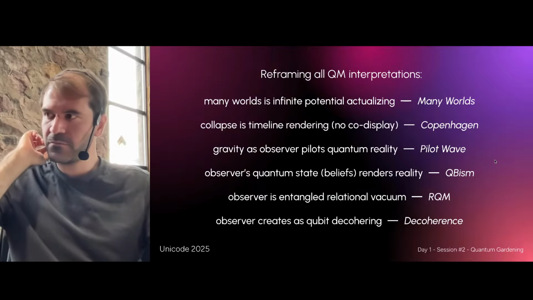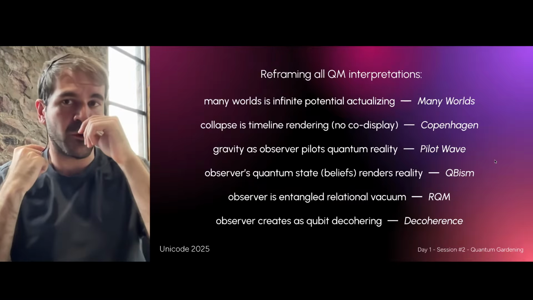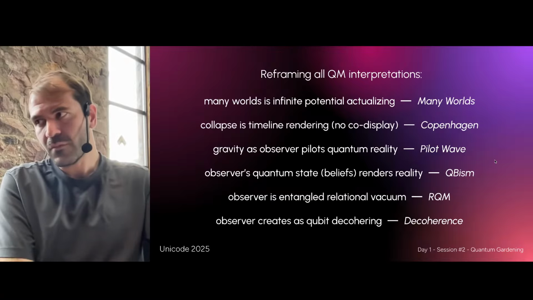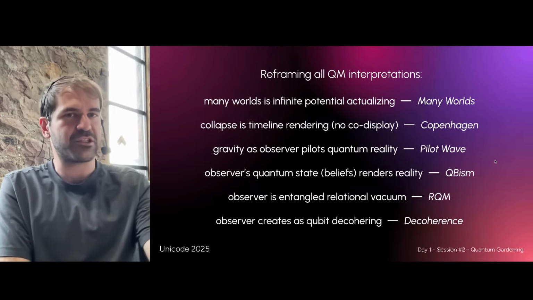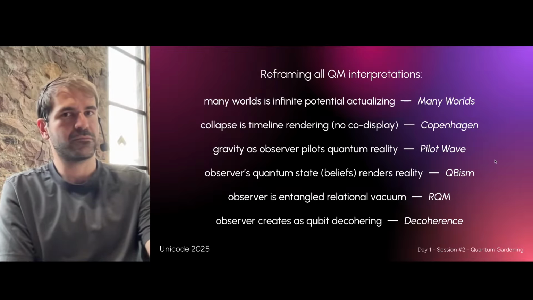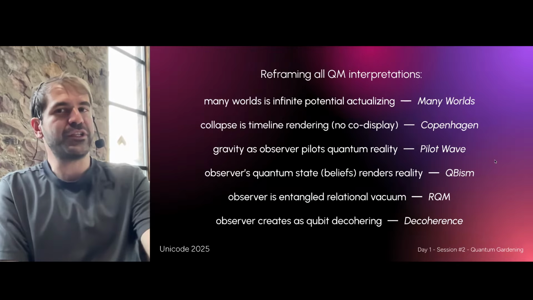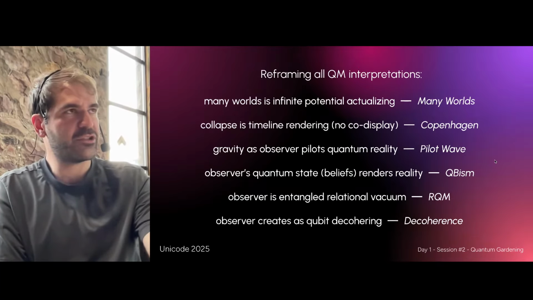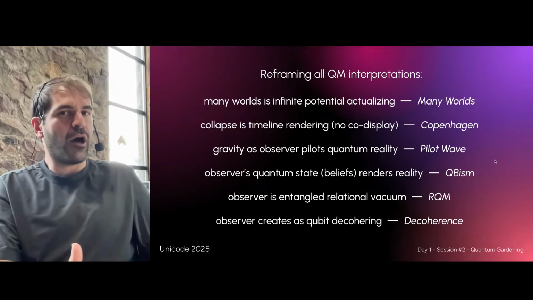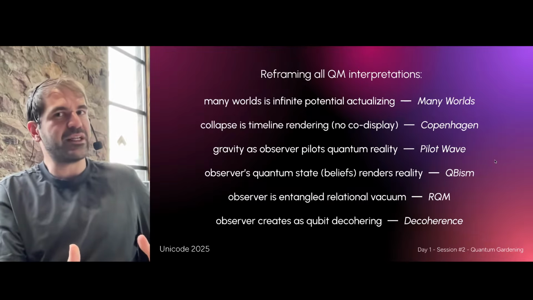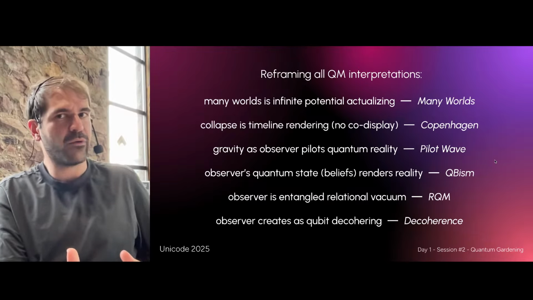Okay. So we'll start with many worlds. Okay, many worlds is infinite potential actualizing. Now the question is, how is that infinite potential actualizing itself? So it's like an infinite unrendered potentiality, but it's actualizing itself how?